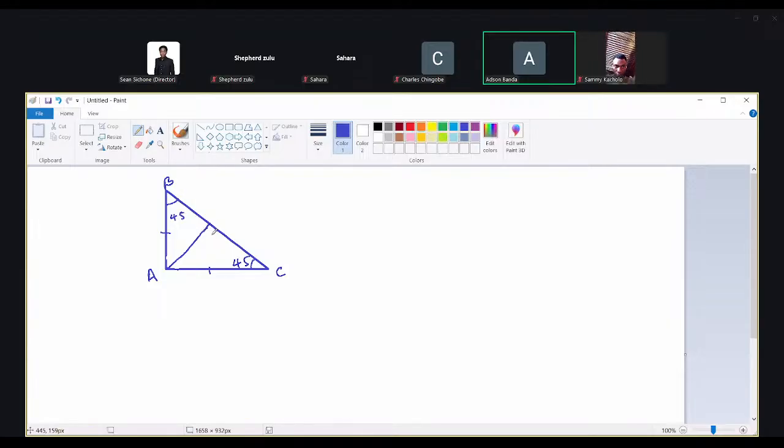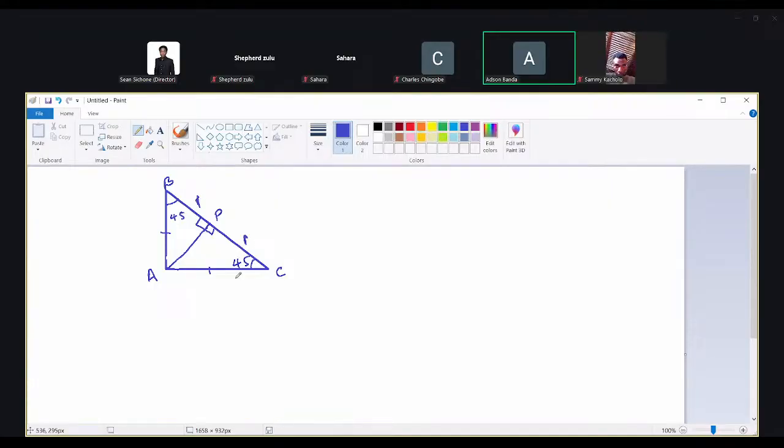So this is a 90-degree angle, and that's a 90-degree angle. Again, let's call this point P. Here, the hypotenuse will have length 2, so that will be 1 there, and that one will be 1.